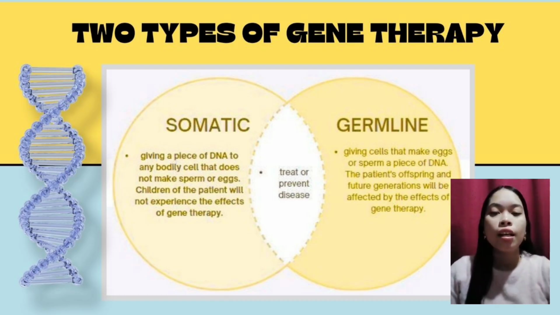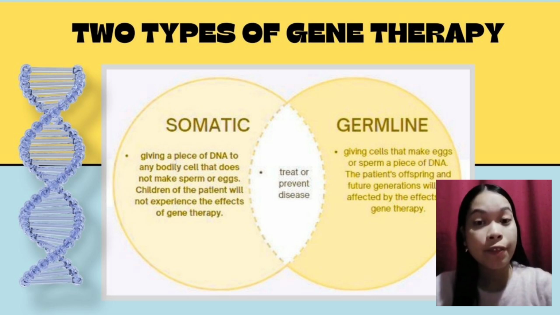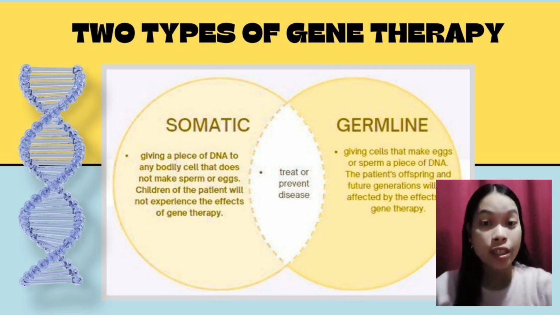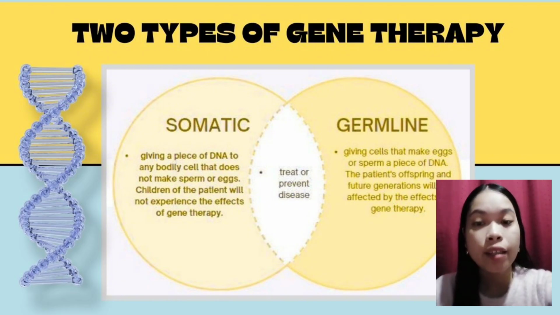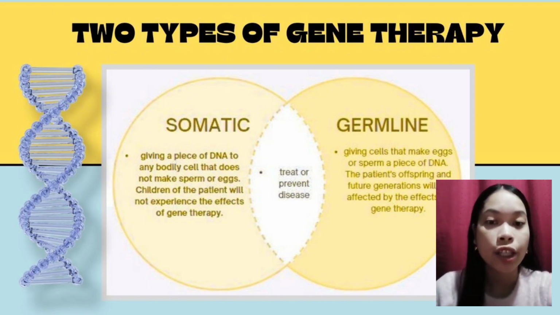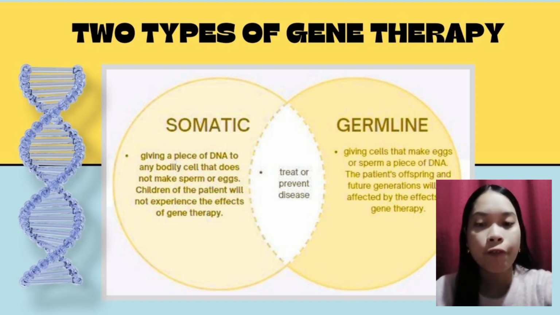Now for their difference, specifically, the somatic gene therapy is called the Just For Me Fix. This is the kind of gene therapy that doctors currently use to treat or prevent disease. It's considered a personal medical fix.